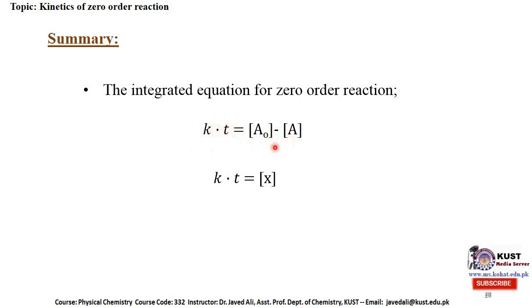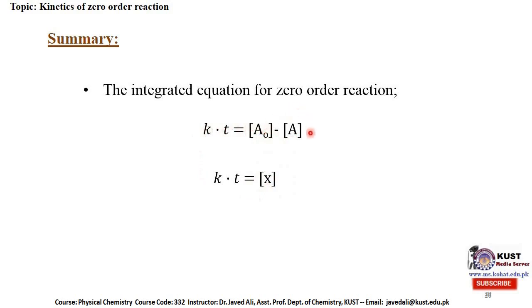Similarly, we can also represent the integrated equation for zero-order kinetics as kt equals x, where x represents the concentration of product. As we know, A naught minus A is equal to x.